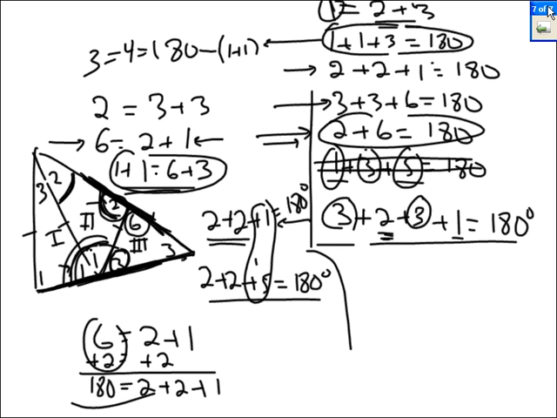No, that one. So remember that this line and this line were equal. So angle 2 plus angle 3 should equal angle 1. Angle 2 plus angle 3 is angle 1. Let's add that one.